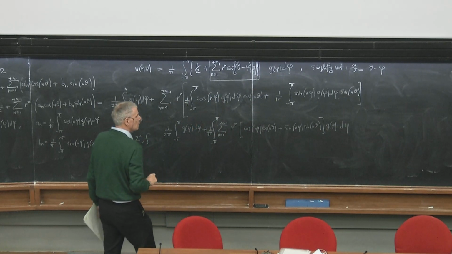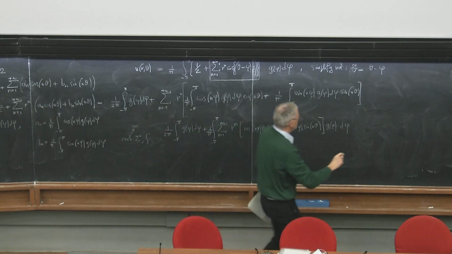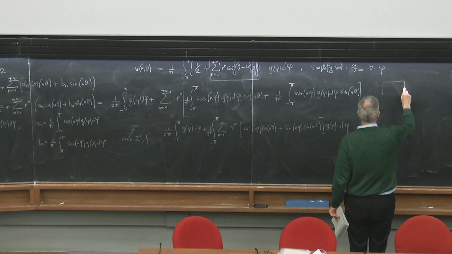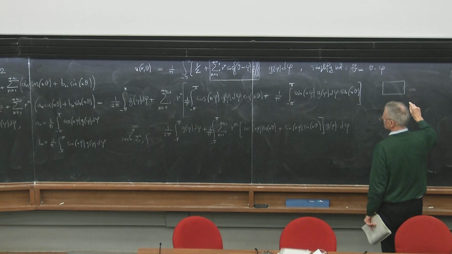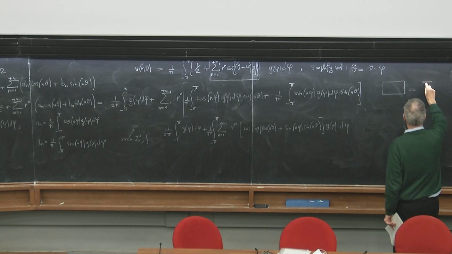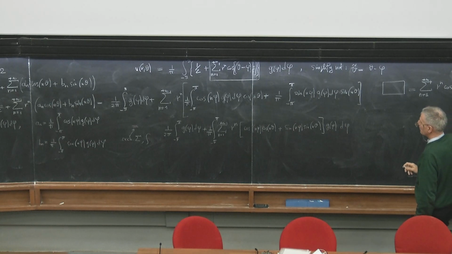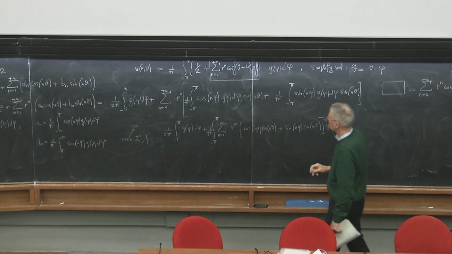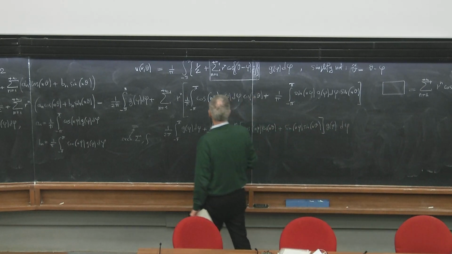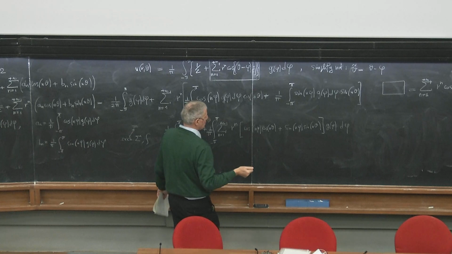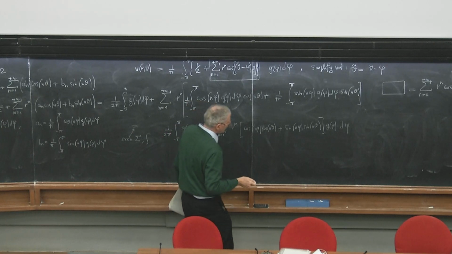This object here now reads as follows: the series from 1 to plus infinity of r to the n. We add the imaginary part for this series, which comes from complex numbers.